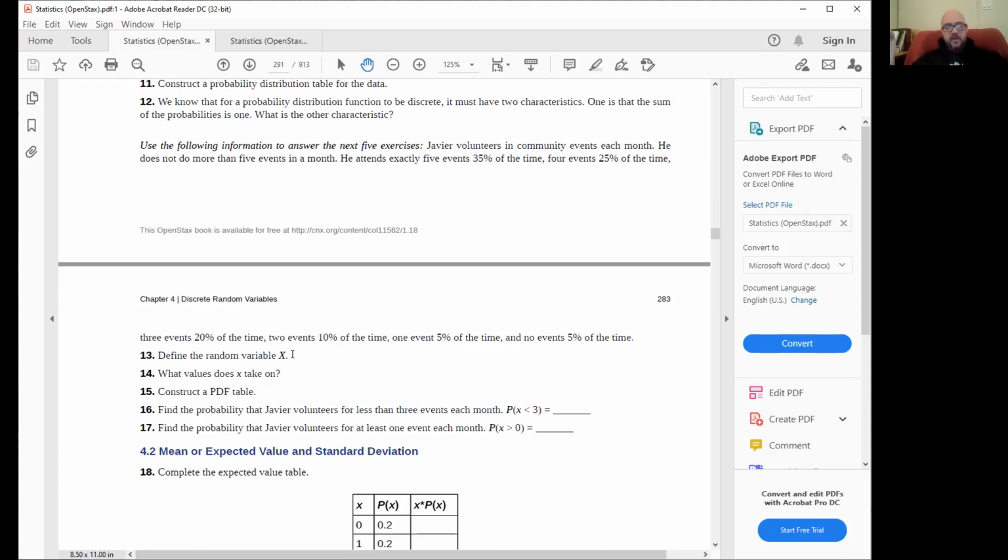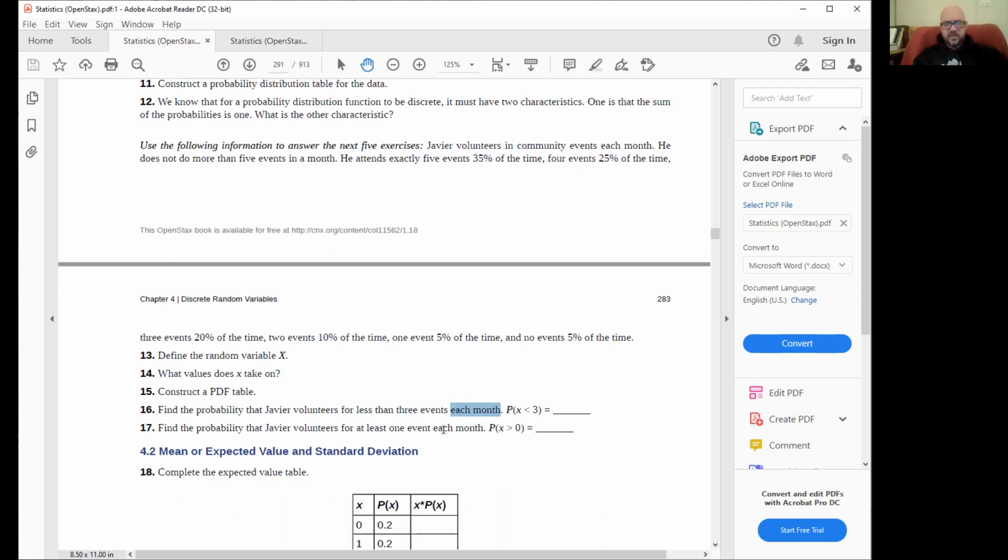Find the probability that Javier volunteers for less than 3 events each month. We can't do that. We can do in a month. That's poor phrasing. They mean in a randomly selected month.